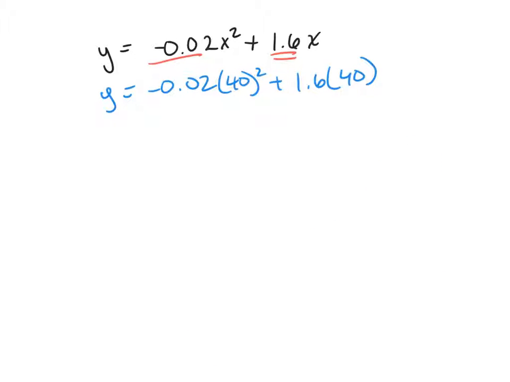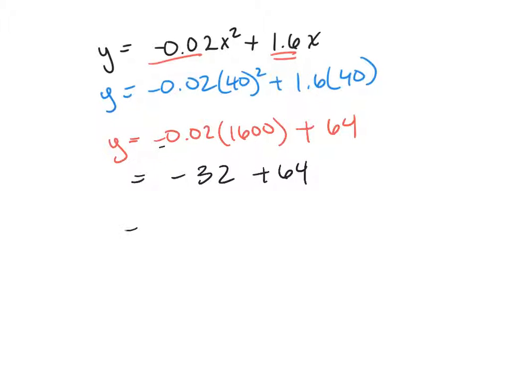So we do 40 squared and it gives me 1600. 1600 times 0.02 is equal to negative 32, and 1.6 times 40 is 64. Negative 32 plus 64 gives me positive 32.